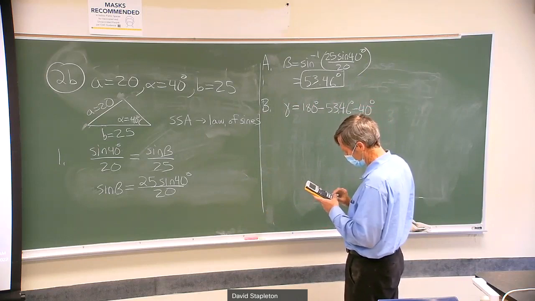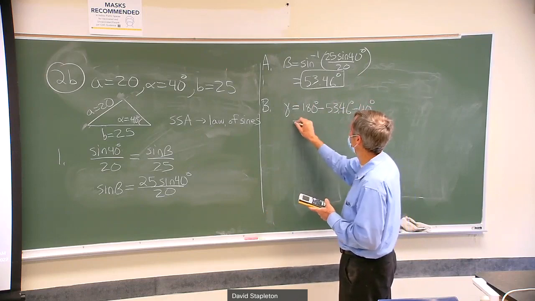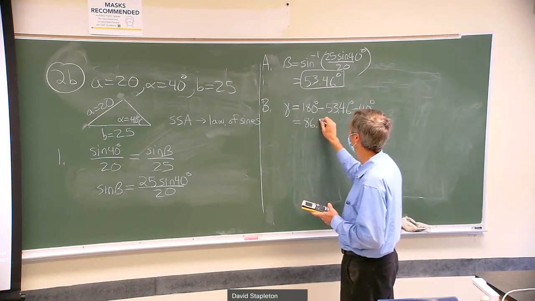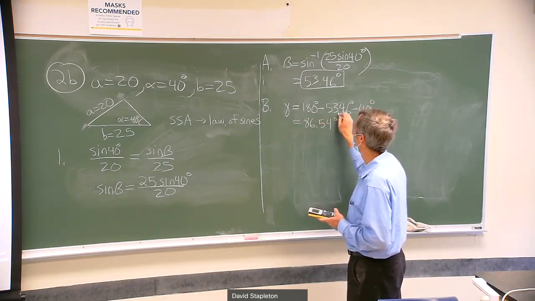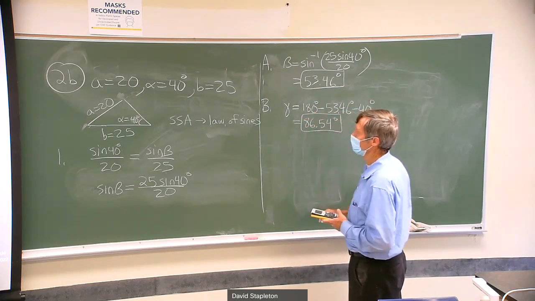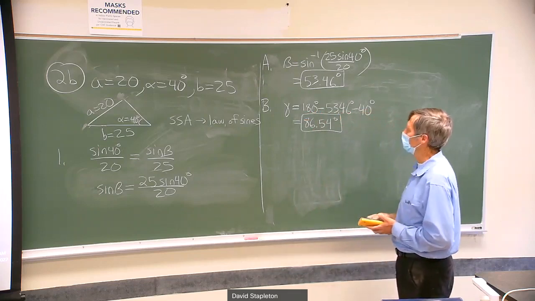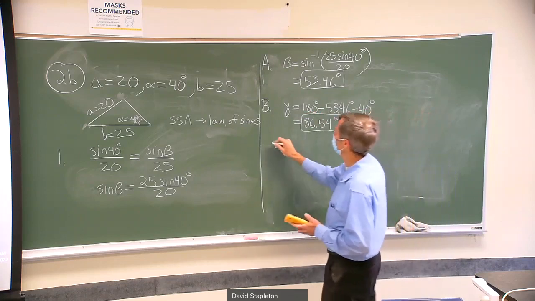Let's see, I got 86.54. So now I have all three angles. And I just have to find one more thing, that's the last side.